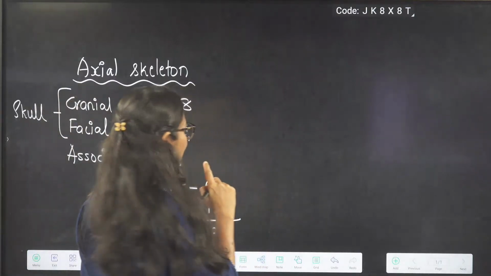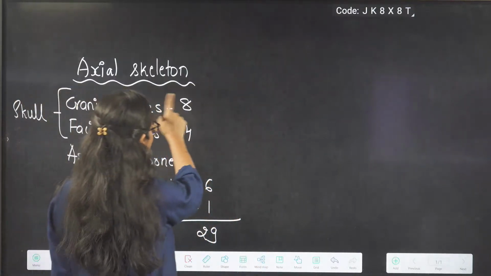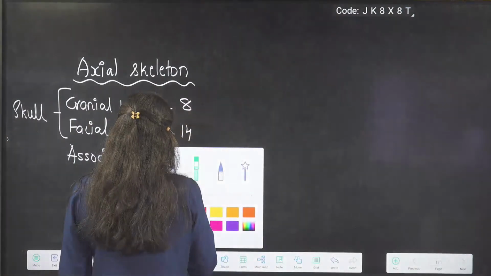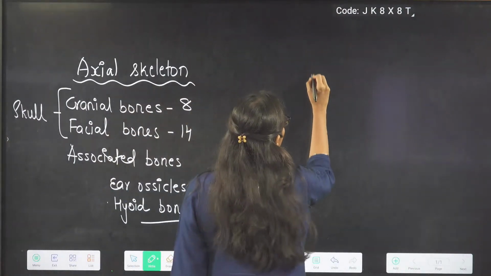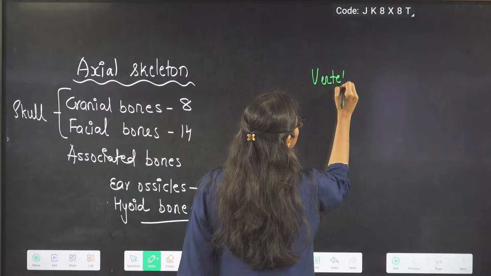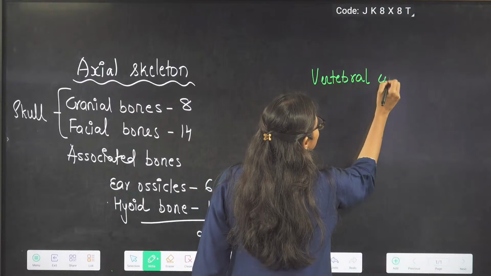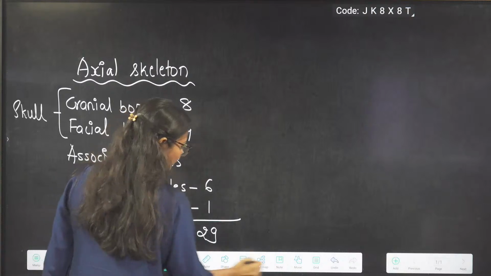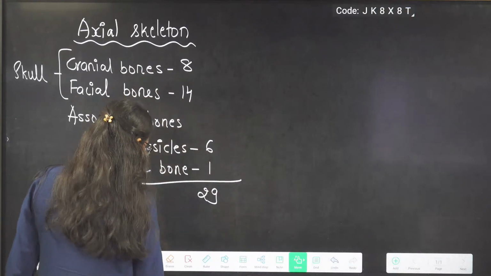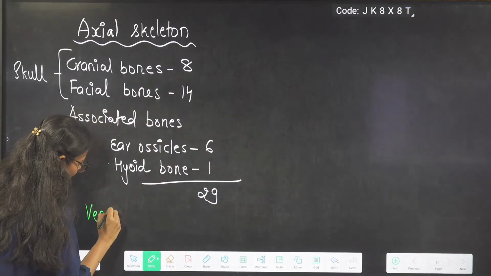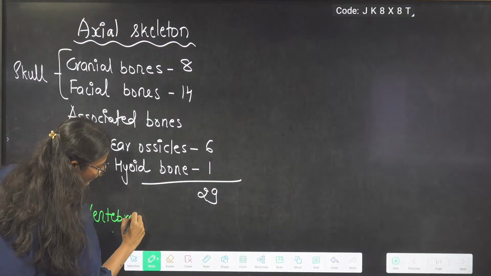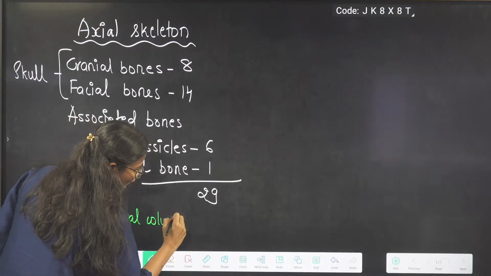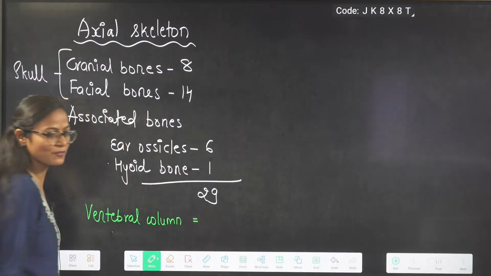Then yesterday we have also seen within the axial skeleton one more part of it, that is the vertebral column. I'll add it here. So vertebral column, some of the bones are fused.